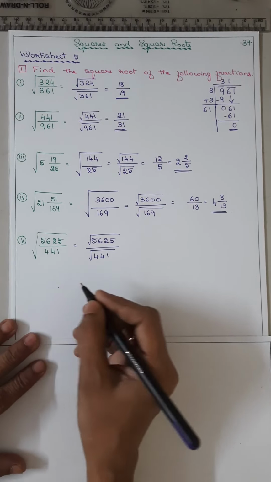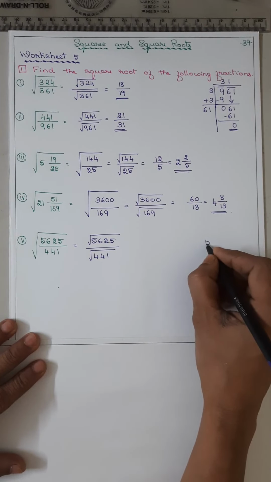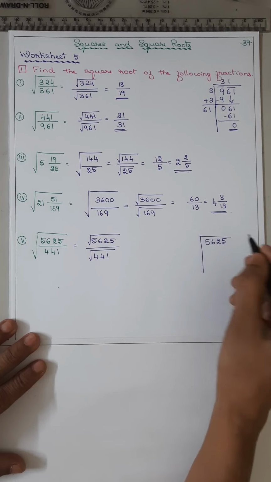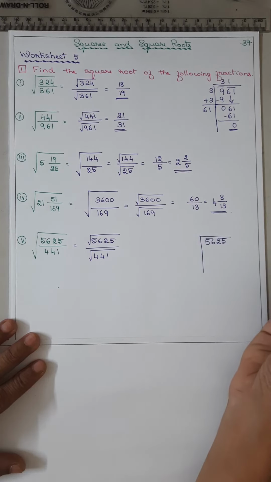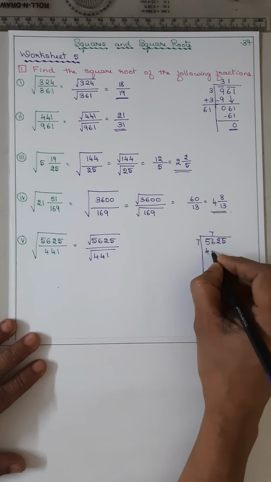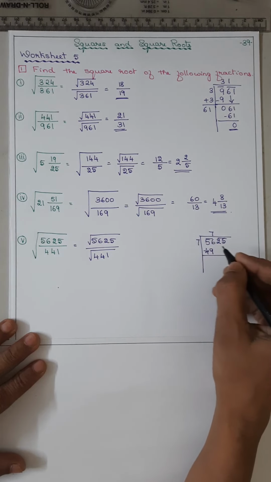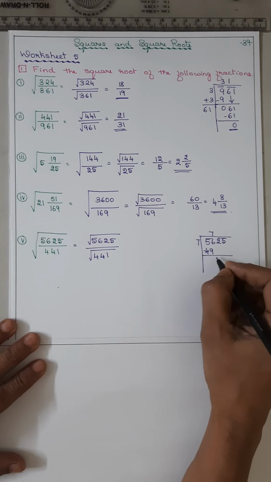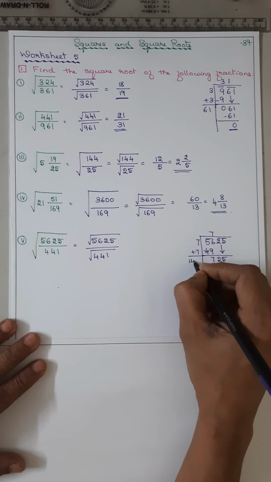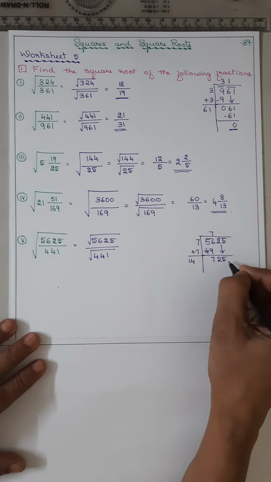So you can write 5625, grouping. 56 means 7 sevens are 49. 16 minus 9 is 7. Bring 25 down. Add 7. It is 14. Now exact.